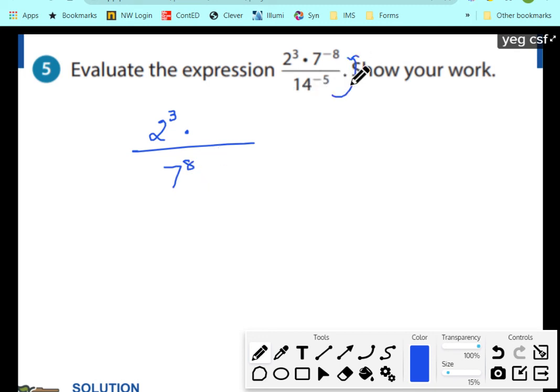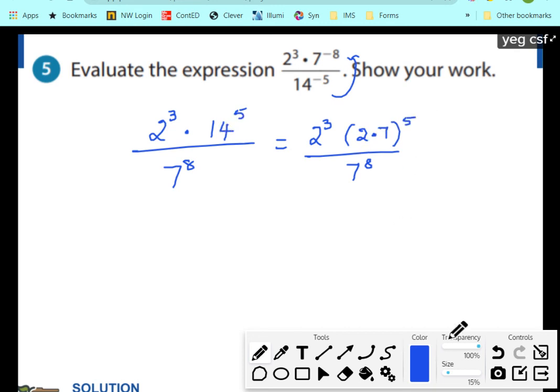I'm going to bring it to the top so it becomes positive exponent 5. So that's a positive exponent. We can simplify a little bit more. So what I can do, 14 I can write as 2 times 7 to the 5th. See that? 2 times 7 is 14.